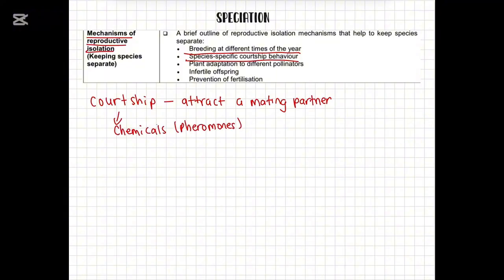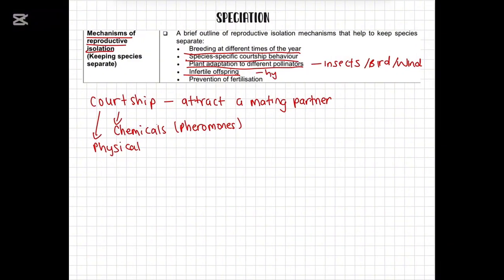Please do have a look at the different examples so that you are able to apply them in the exam. Then we have plants' adaptation to different pollinators. Some plants are adapted for insects, some for birds, and some are wind pollinated. So it does act as an isolating barrier for reproduction to take place. We also have infertile offspring and prevention of fertilization.